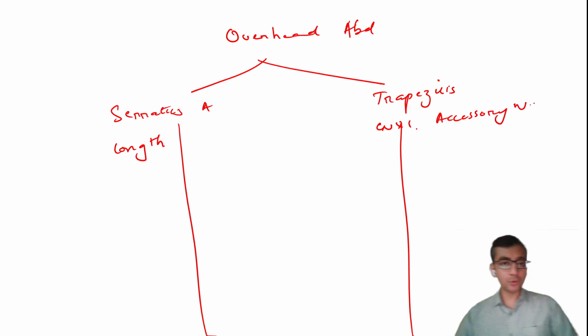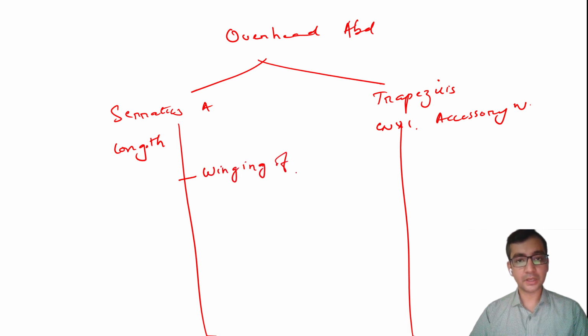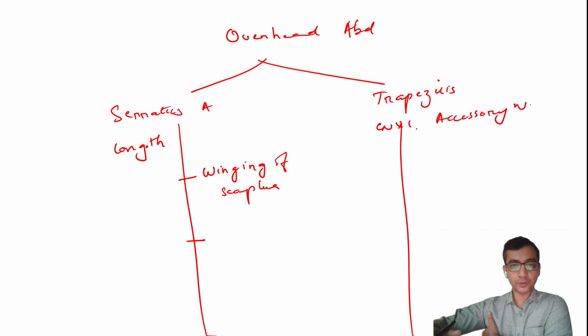Now, to get the answer right, you need to pick up on the other things the loss of the said muscle or nerve will do. The serratus anterior, if this is lost, it can lead to winging of scapula. The other thing that you can pick up on is the place of injury. The serratus anterior muscle is on the lateral aspect of your rib cage or the medial aspect of axilla.